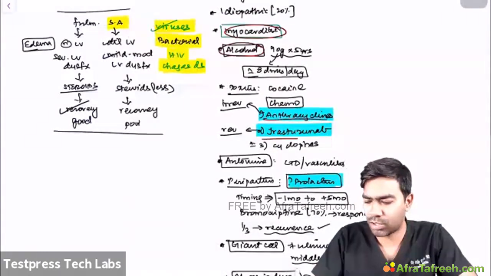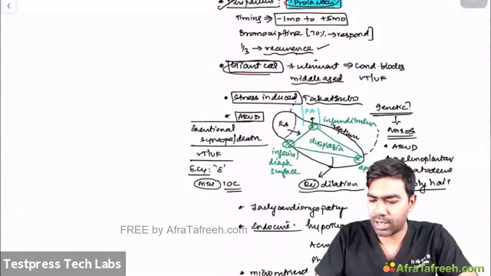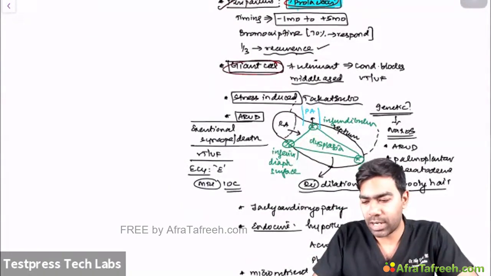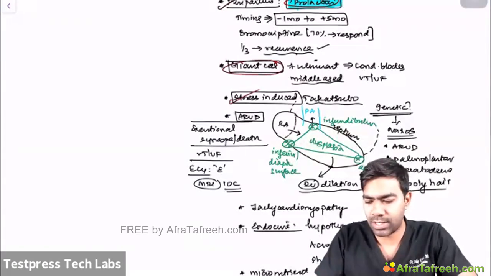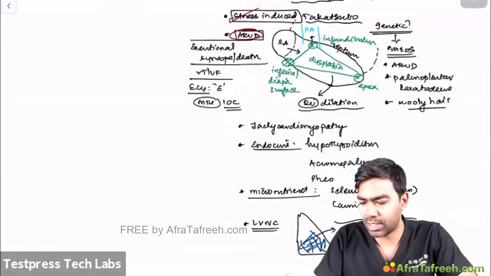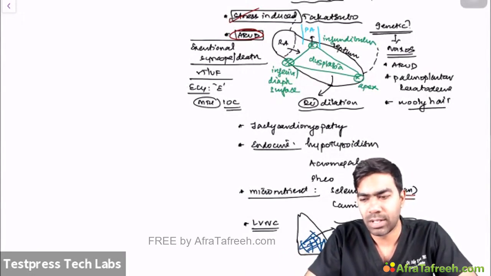Apart from that, doxorubicin and trastuzumab, a very common exam question. Peripartum, the role of prolactin could be an exam question. Giant cell myocarditis, you see the giant cells in the endomyocardial biopsy, a very important point. Fulminant, rapid death. Takotsubo, we had discussed enough. ARVD, again Naxos disease and the triangle of dysplasia are going to be the most important, along with the best investigation. And among the remaining things, Keshan disease may be asked if any biochemistry professor is setting a question.